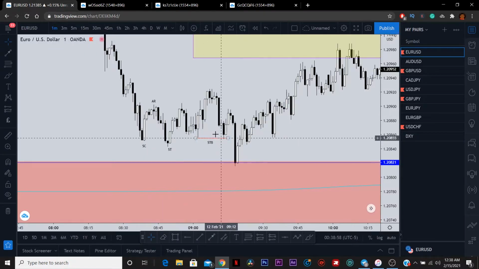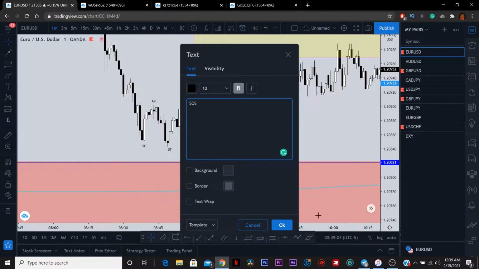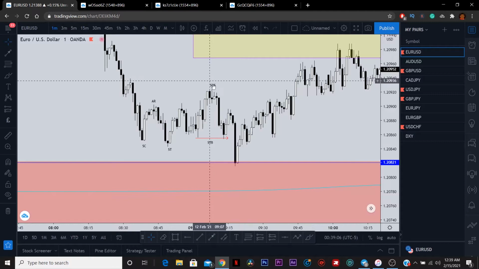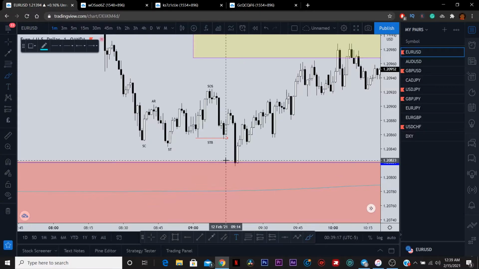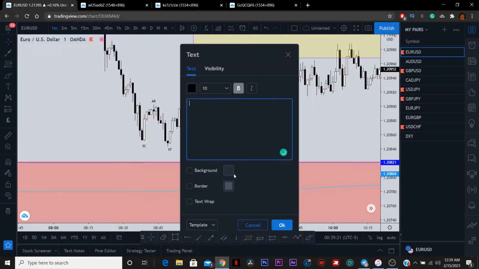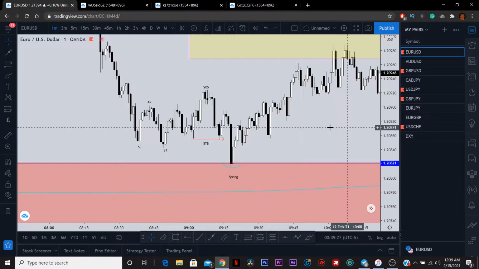This all could be considered STs, honestly. Sign of strength here. We have our lower time frame spring. This was the higher time frame spring with the accumulation. Have our spring here. Then you have your test, last point of supply, last point of supply.